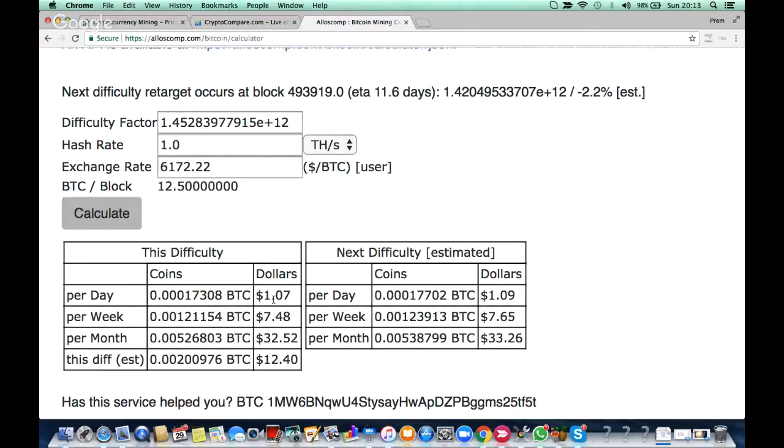But the calculator doesn't know where you got your mining from. You could be living in a state that has the highest electricity charges, or you could be living in a state that has practically free electricity. You could be living in one of the southern states that has plenty of hot sunshine. Arizona is a great example, but obviously the machines get really hot, so Arizona is not ideal for keeping the temperatures down.